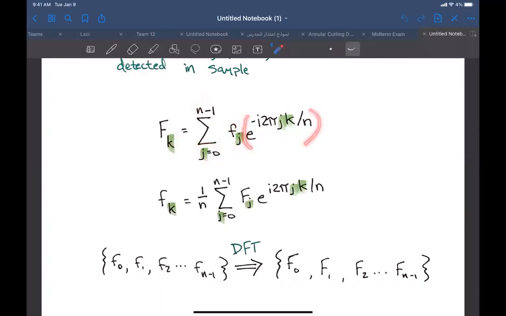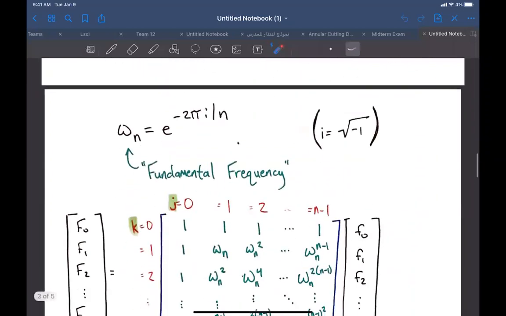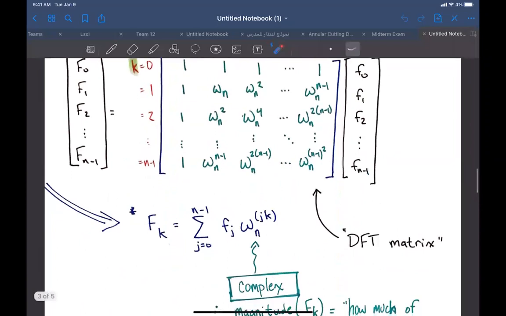this value here. Now we redefined e to the negative i 2 pi over n as omega n. So we were able to rewrite this using that definition.